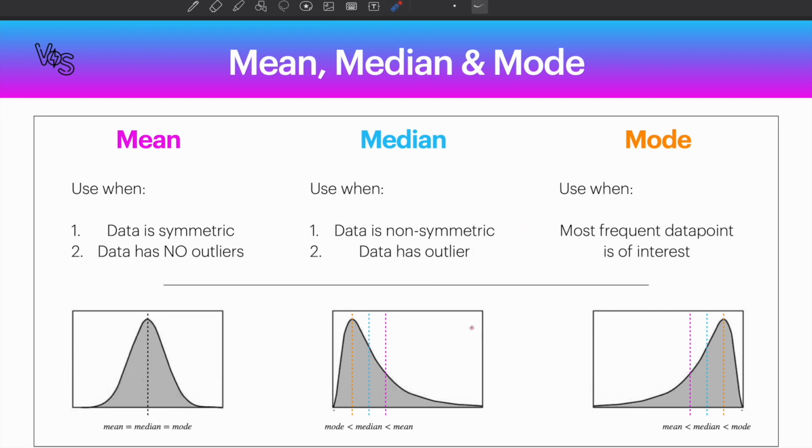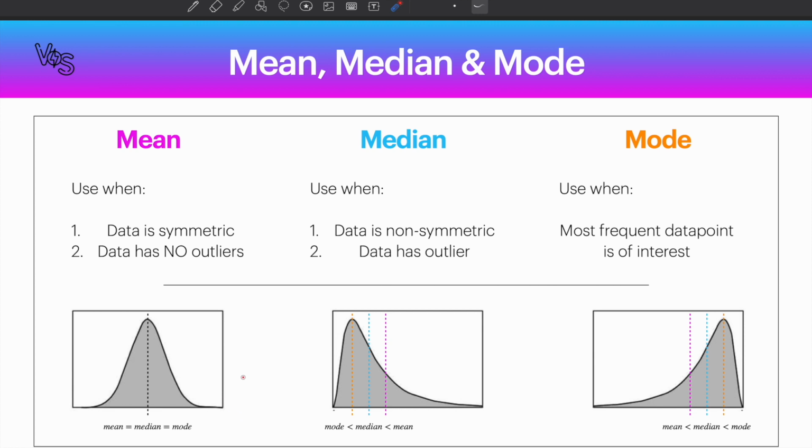So this essentially means that if the distribution of your data looks like this, then most probably we would want to use a median. But if your data looks like this, we definitely want to use a mean to describe the central location of your data. And then finally, when do we use the mode? So we most likely use the mode if we are generally interested in which value appears the most.